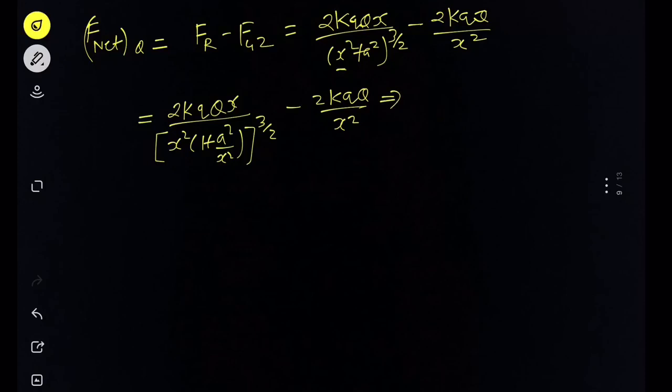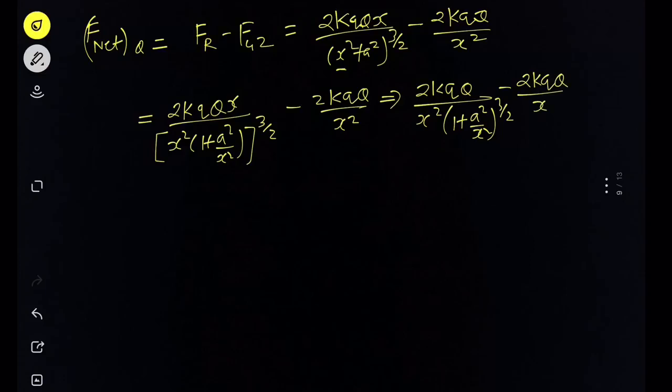These terms will get cancelled and we'll get x cube outside. Now we can write it as 2kqQ over x cube, and this x cube and this x will get cancelled, and we'll have only x square in the base. So we can write x square times 1 plus a square over x square to the whole power 3 by 2, minus 2kqQ over x square.